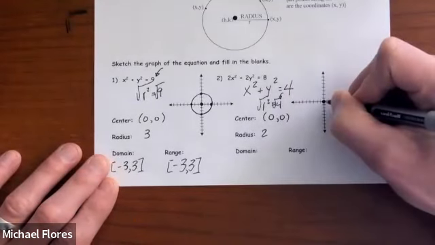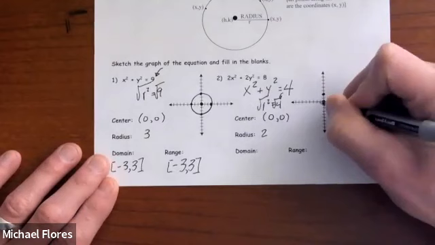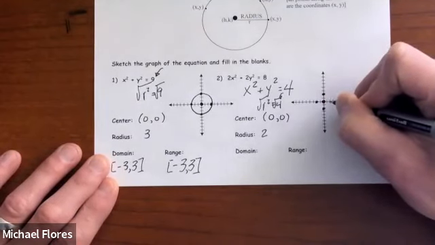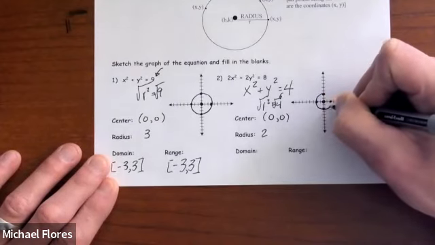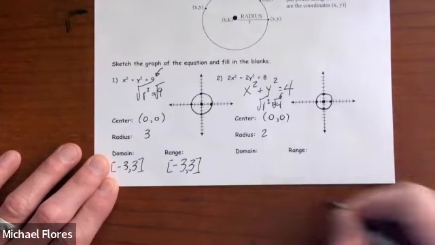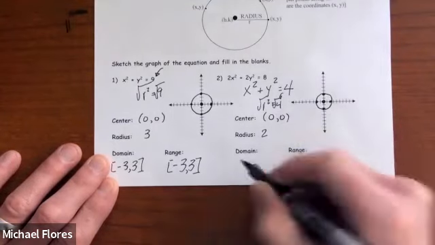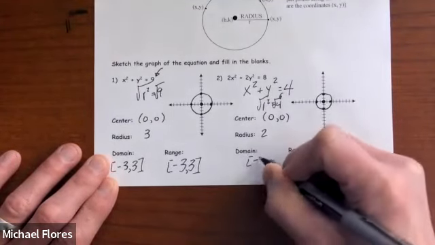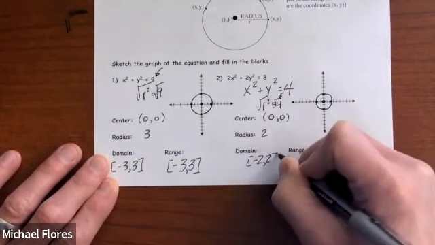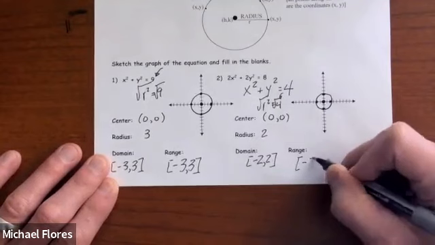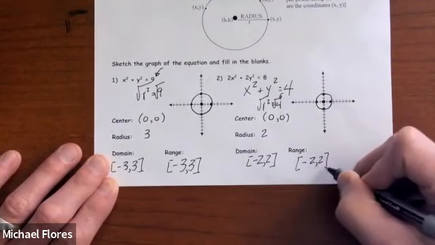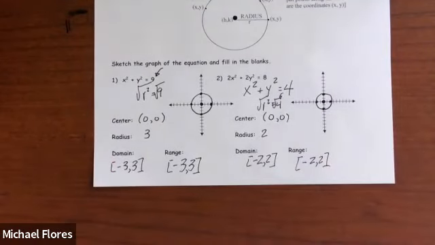So from the pole up 2, left 2, down 2, right 2. Domain from left to right, -2, +2. Range from bottom to top, -2, +2.